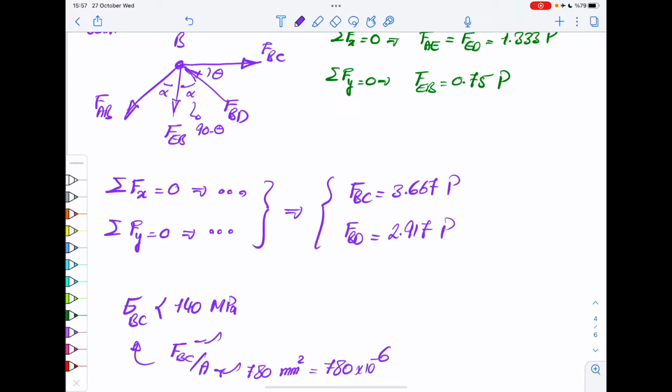And FBC itself, what we have here is just the usual coefficient of P. But then here you have a megapascal, so that takes care of that factor 10 to minus 6 essentially. And if you just insert that, you would get P equals 29.779 kilonewton.